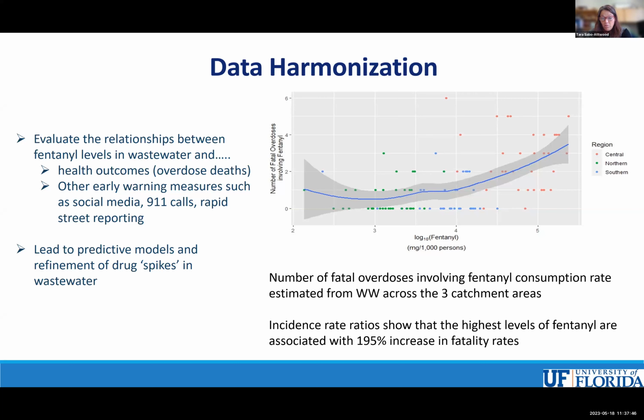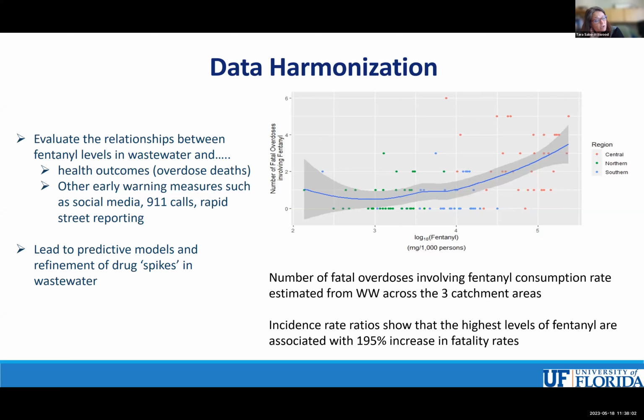And if we actually do that analysis and we do it by site, the three catchment areas, central, north, and southern, you can see that there's a pretty strong positive relationship that's occurring here.